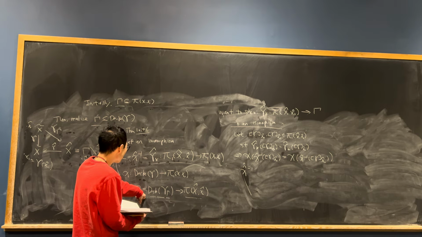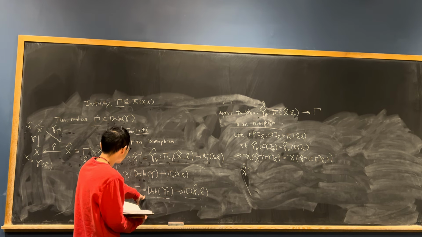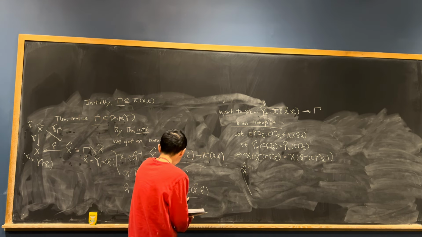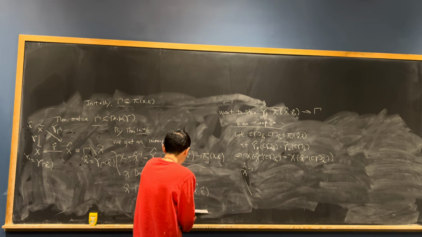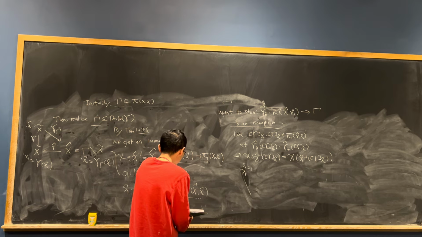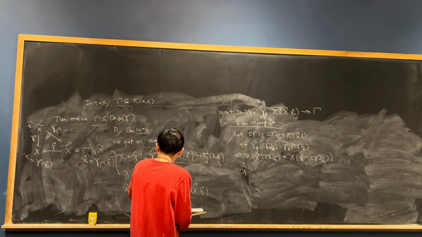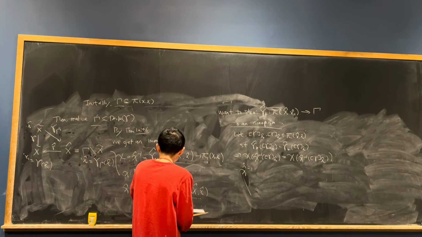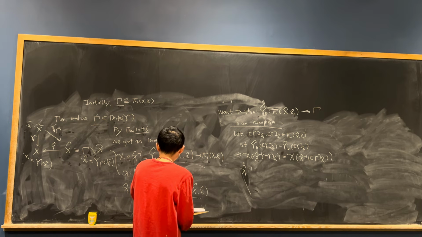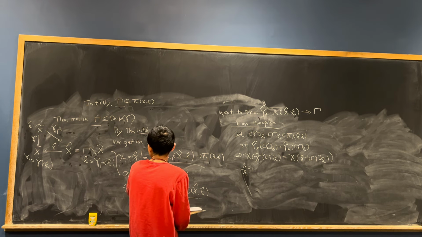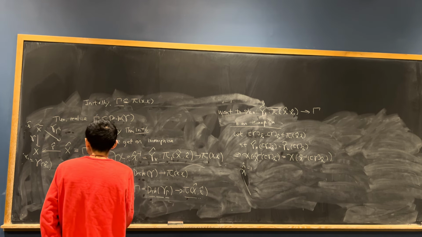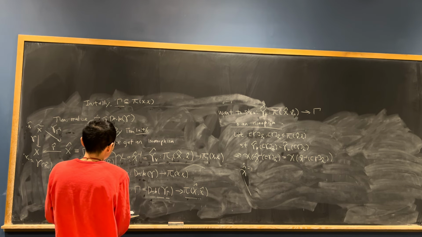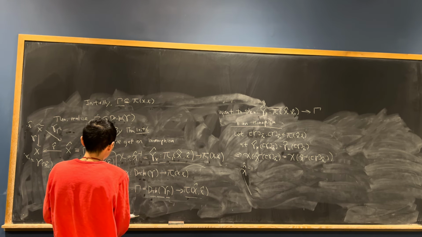So why can they be composed with each other? So we have input as pi 1 on x hat, x naught hat. Then you map onto the deck transformation group of this projection map.